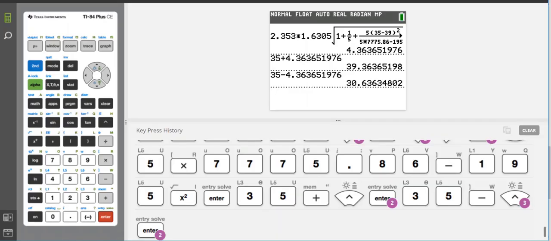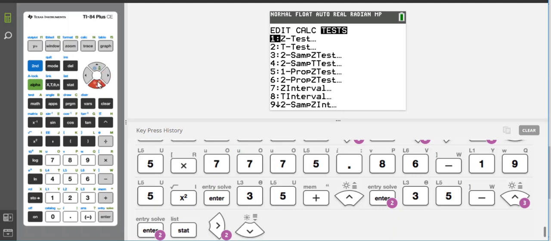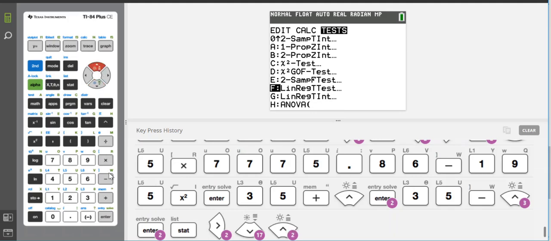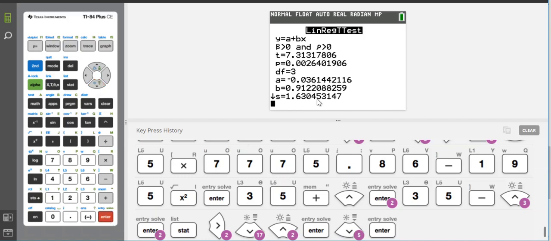I go to my calculator and I do statistic, and I go over to test and down to the linear regression t-test, and I put my x stuff in L1 and my y stuff in L2, and then this has the beta and this funny looking p, and there is not equal, less than, and bigger than, and we want the bigger than, and I hit calculate, and those are the same numbers that I got before.